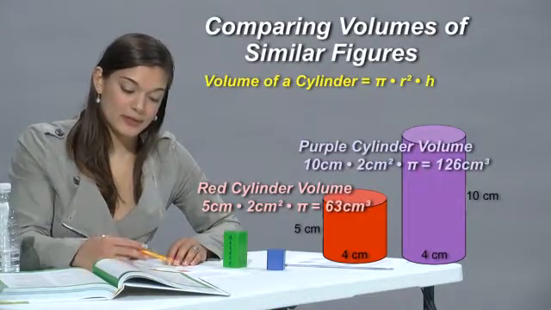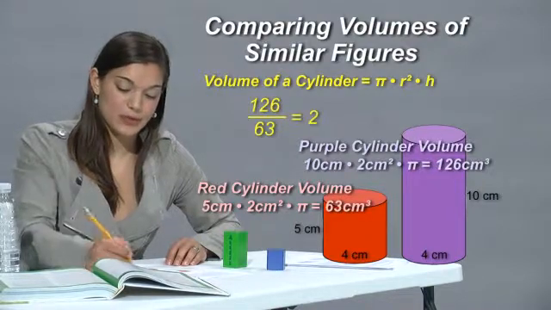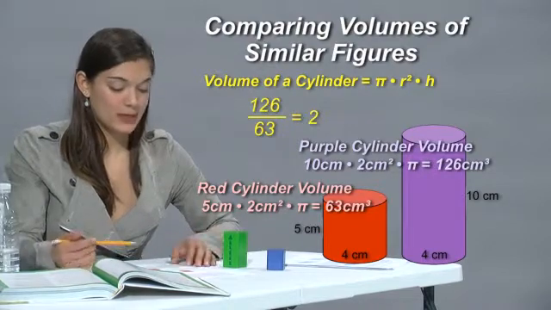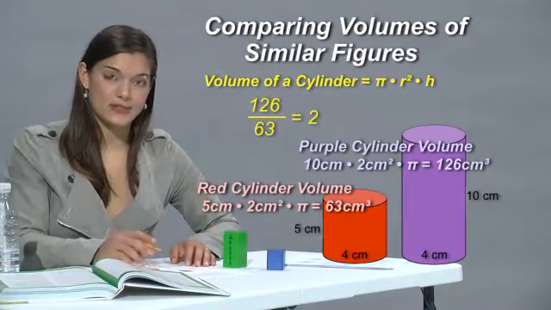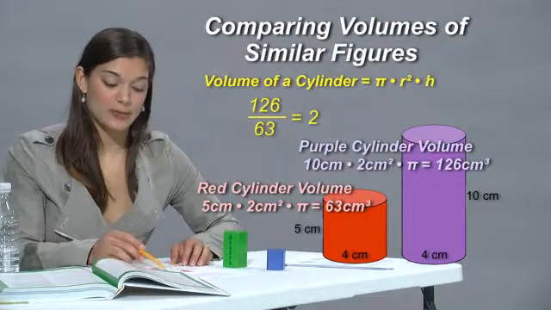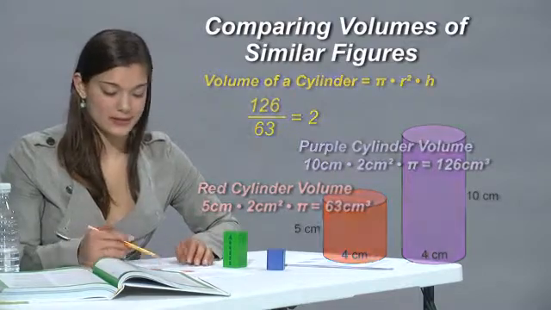When we compare the two volumes, we divide 126 by 63, which is 2. Why was it just 2? Because the height is doubled, so that was just one scale factor of 2. So to get from the red volume to the purple, it was multiplied by 2. That was the scale factor.